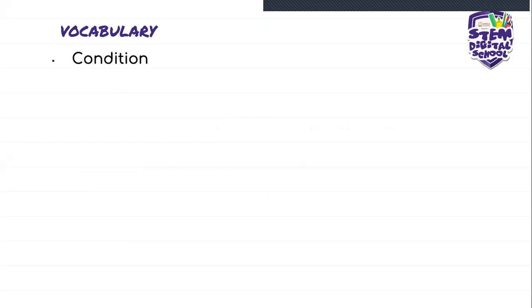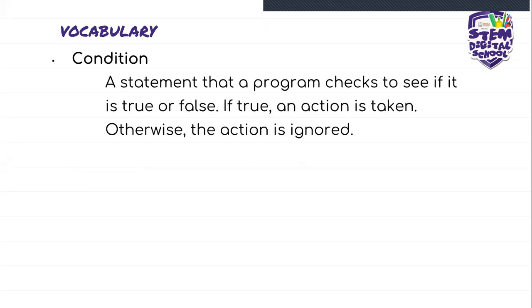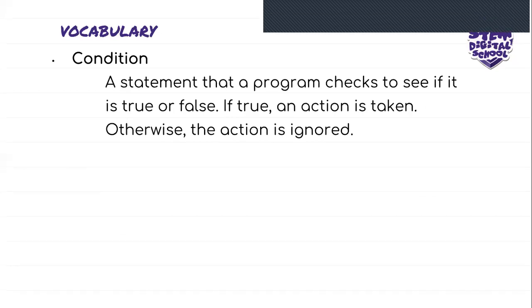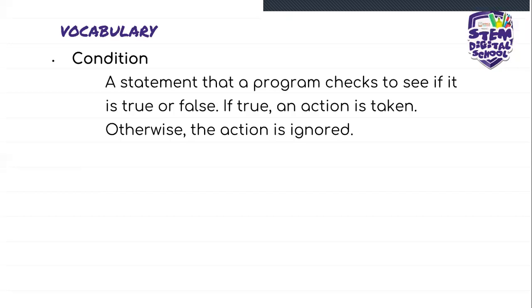I'm going to go through some more vocabulary words. Remember a condition. A condition is a statement that a program checks to see if it is true or false. If it is true, an action is taken. Otherwise, the action is ignored. Remember yesterday we got the little bee that flew around looking for some flowers, and we said if there is a flower, then he needs to collect the nectar.